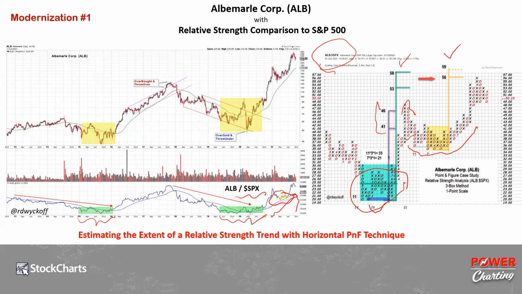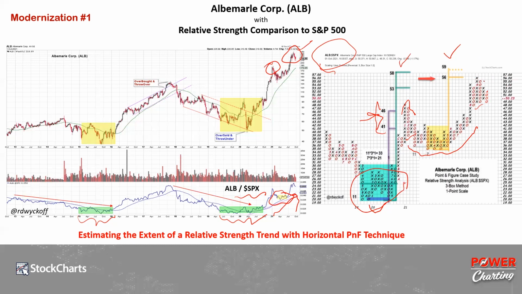Notice this is the first stopping point down here, and this is the second stopping point up here. This has in fact gone exactly to the 56 level and has had an important reaction after that, which shows that this point and figure count is relevant and valid.